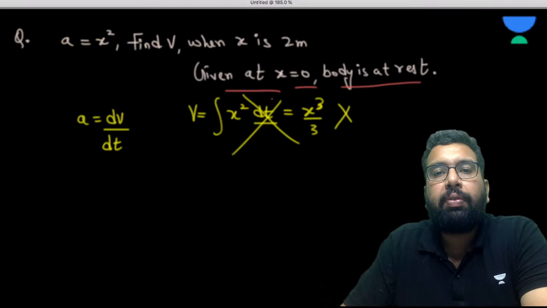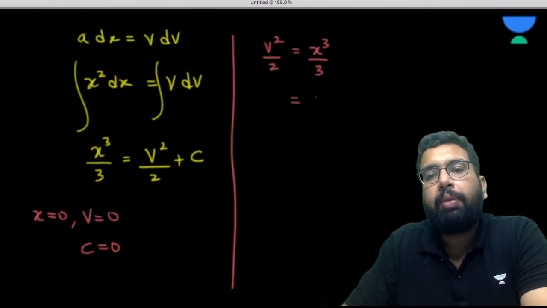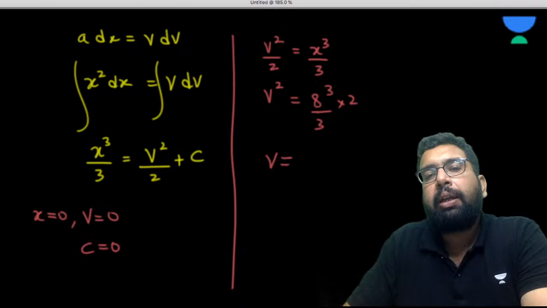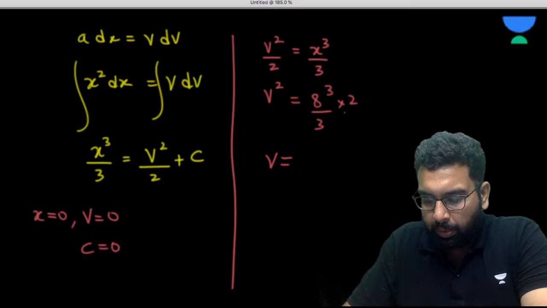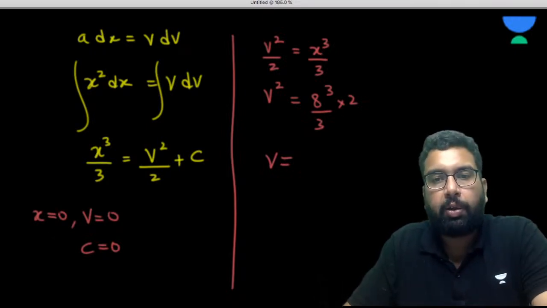Okay, now what is the value of x? X is 2, so it will become 2 cube by 3 is equal to v square by 2. Sorry, my mistake, I first said 8 cube, but it is 2 cube.